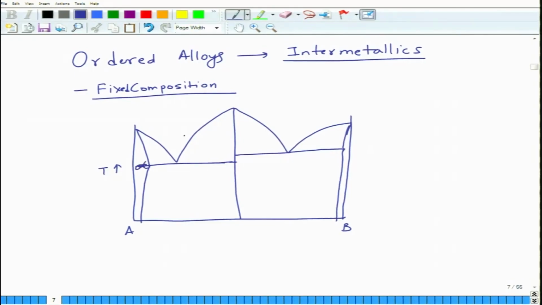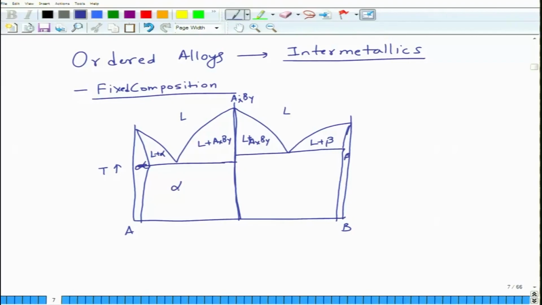So this is alpha phase, this is beta phase, this is liquid. The temperatures may vary. So this is liquid plus alpha. This is a compound, let us say AB compound or AXBY compound, which is an intermetallic compound. So this is liquid plus AXBY, again liquid plus AXBY, and this is liquid plus beta.